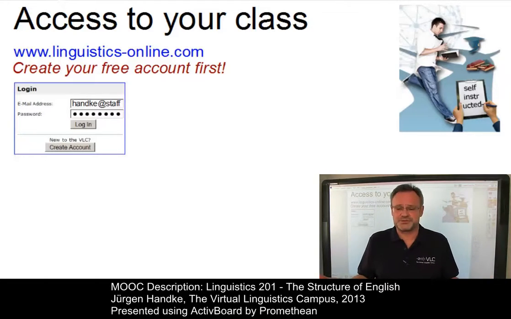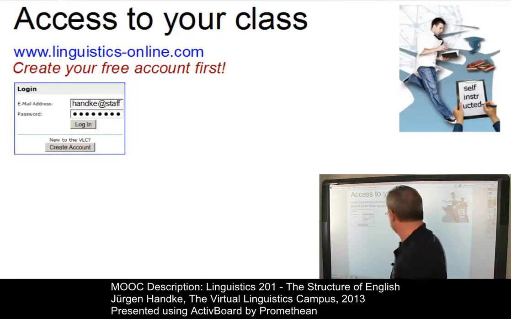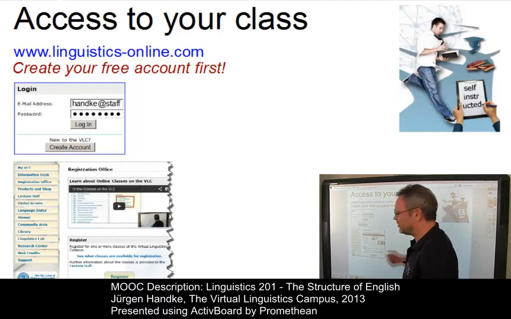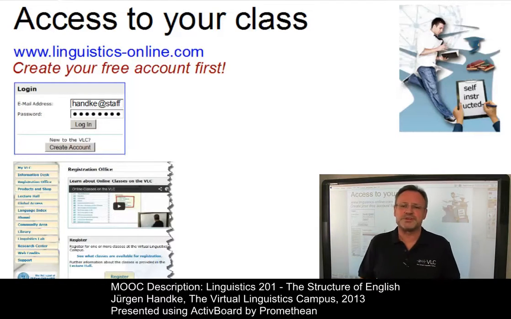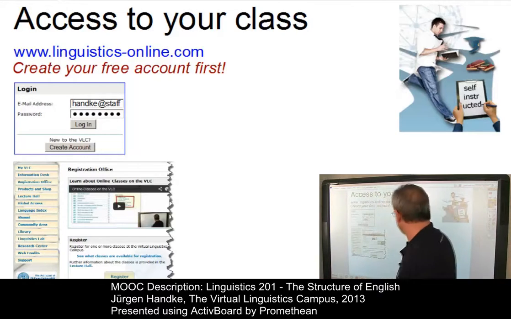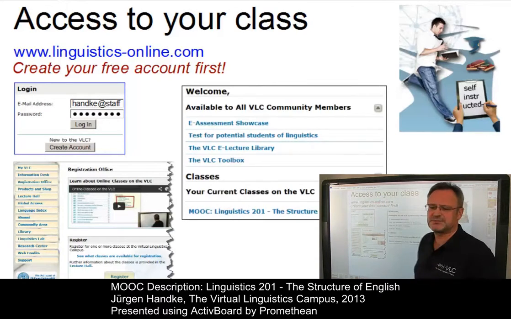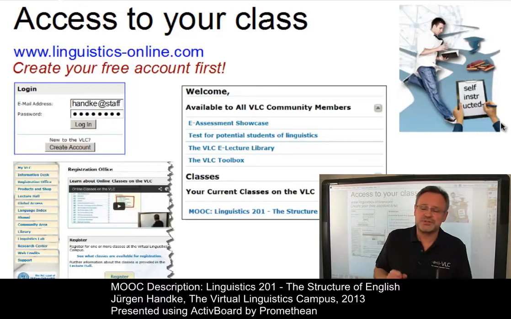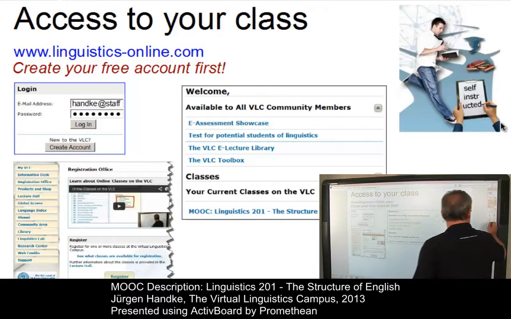And then you have 2 options. You can either register for the massive open online course Linguistics 201 via the registration office, or if you have already registered, you will straightforwardly see your class on your personal VLC start site.